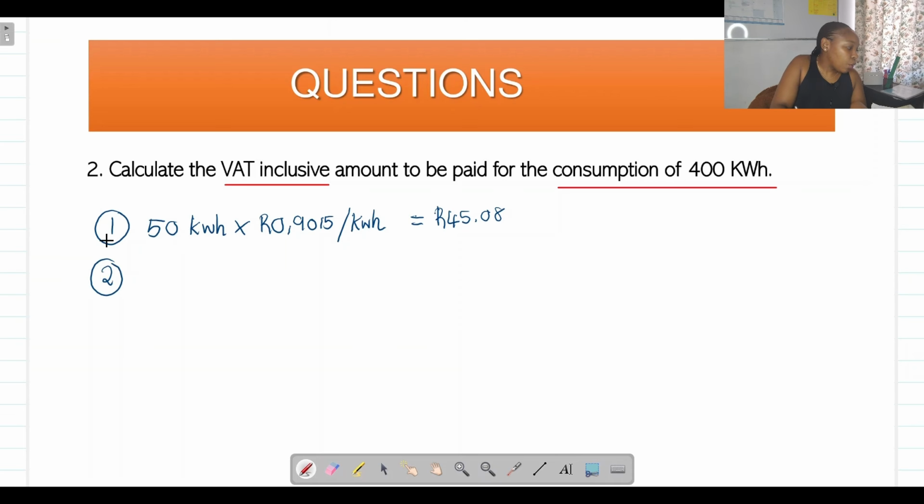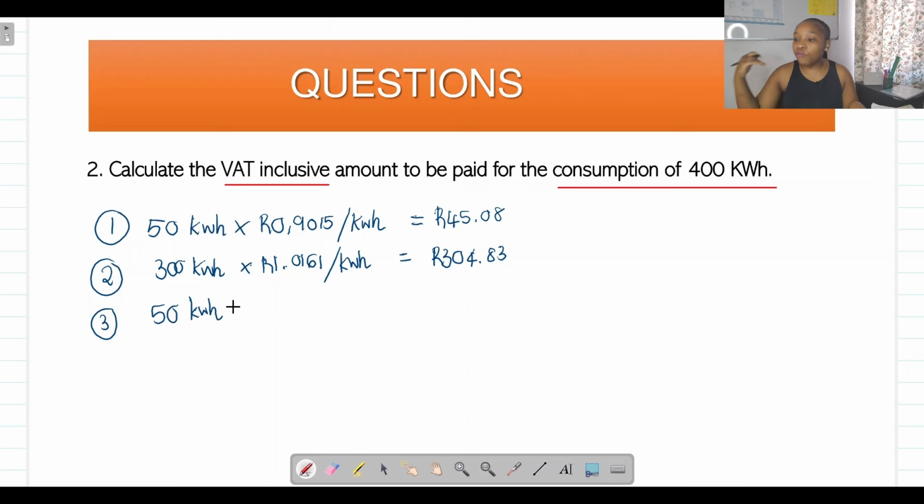Let's go into the next block. The next block, guys, we know that it's 300 kilowatt hours multiplied by 1.0161 per kilowatt hour. Easy. We already did this one as well, guys. It is 304.83. And in the last block, we said that we're only taking 50 kilowatt hours and not the full 250, because we only used the 50 in this block.